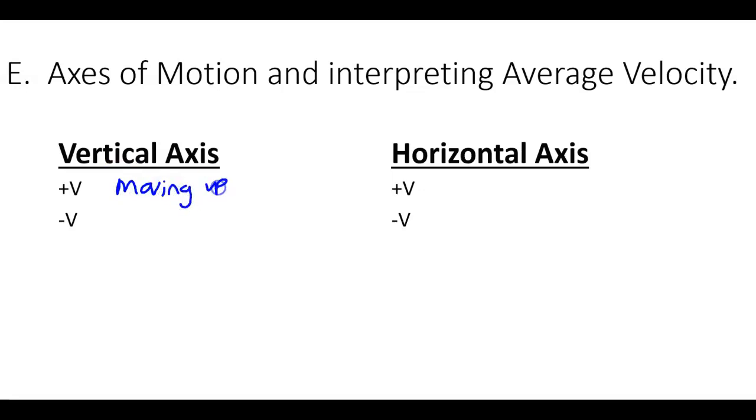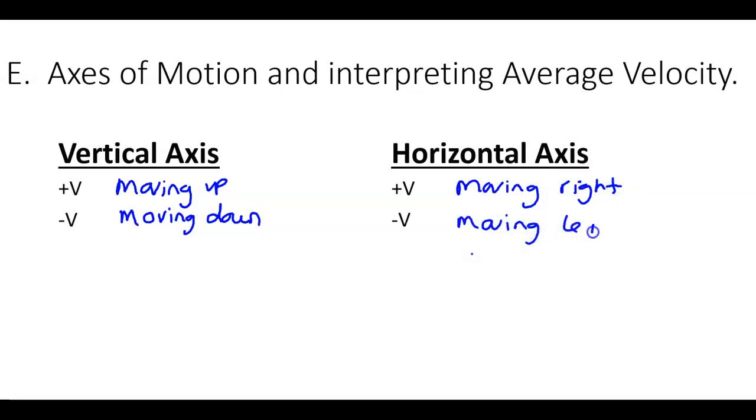Negative means moving down. And on a horizontal axis, what do you think this means? Moving right. And this one? So velocity tells us what direction we're going.